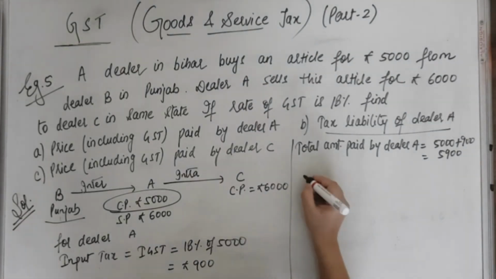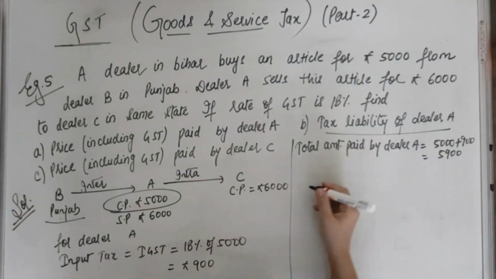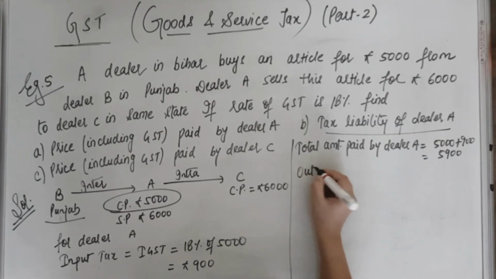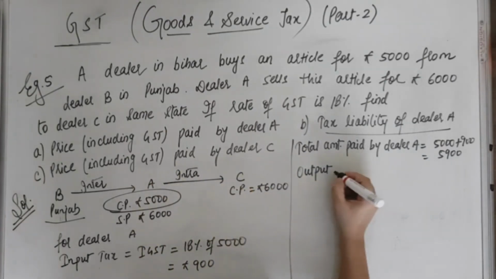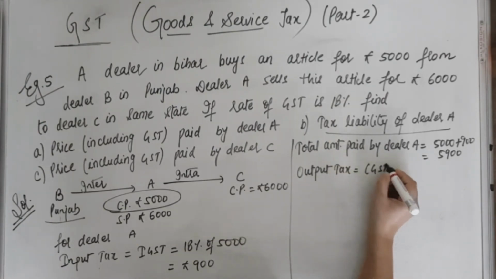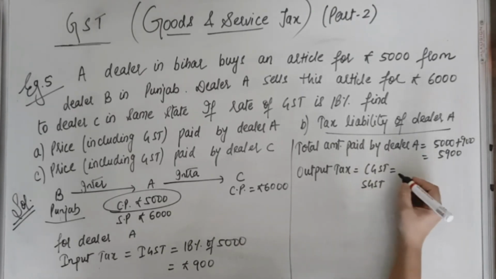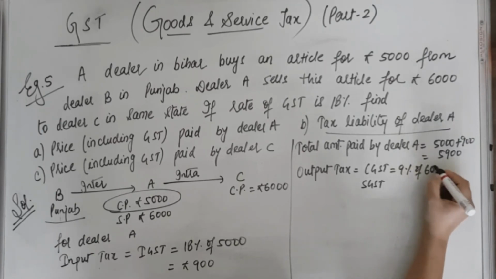Now second case, tax liability we have to calculate. So output tax, because he is selling to C, output tax will be CGST and SGST. That will be same. So it will be 9% of 6000.